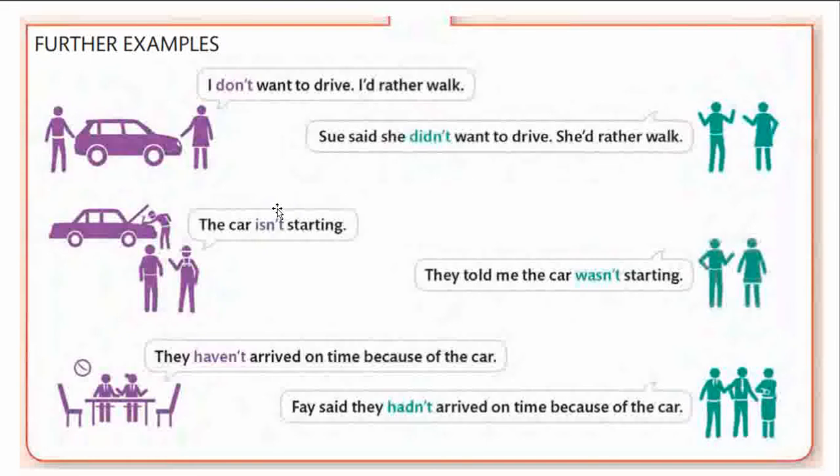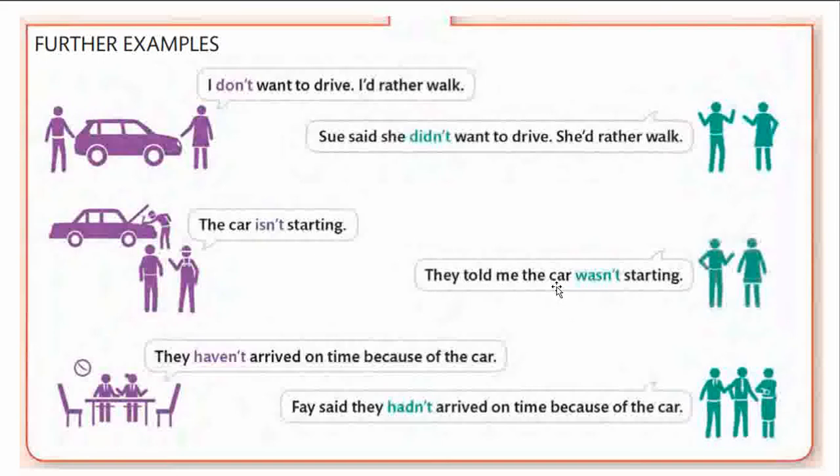Let us see the next example. The car isn't starting. Now this is spoken English. If you are changing it to reported speech for your examination, please be mindful not to use contractions. You have to use the full form. The car is not starting. Is not changes to was not.